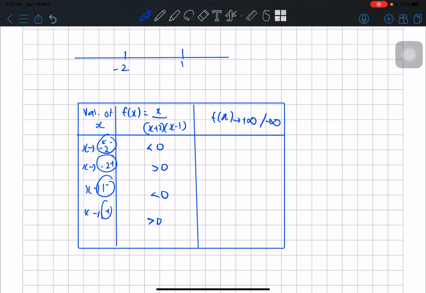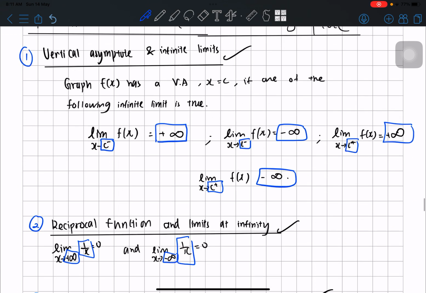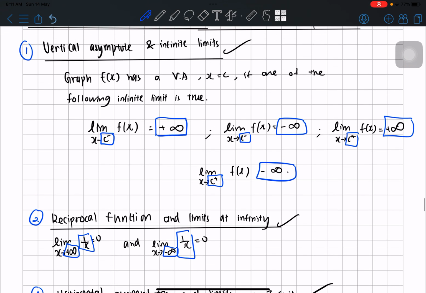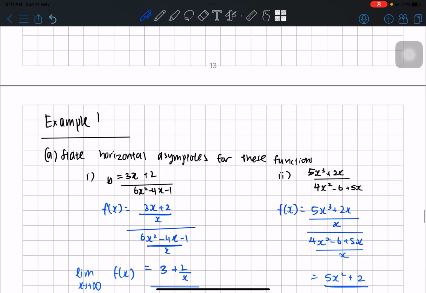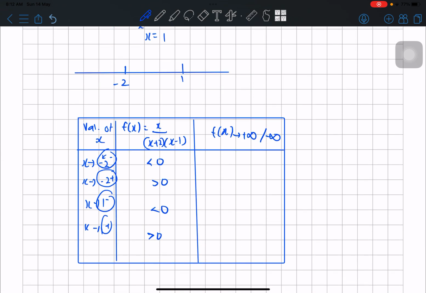And if you look at the table above, which is the infinite limits for the vertical asymptotes, we can determine the behavior of the limit. So for the first one, it will be negative infinity, second positive infinity, negative infinity, and then positive infinity.